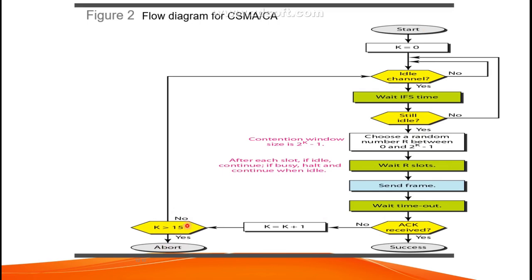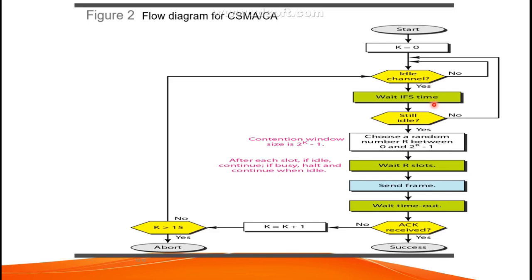But if the actual value of k is less than your k max, then we are again going to participate in this process and we are continuously going to check whether the channel is idle or not. So it is continuously going to sense the channel. And after that, if it finds the channel idle, then it is going to wait for IFS.